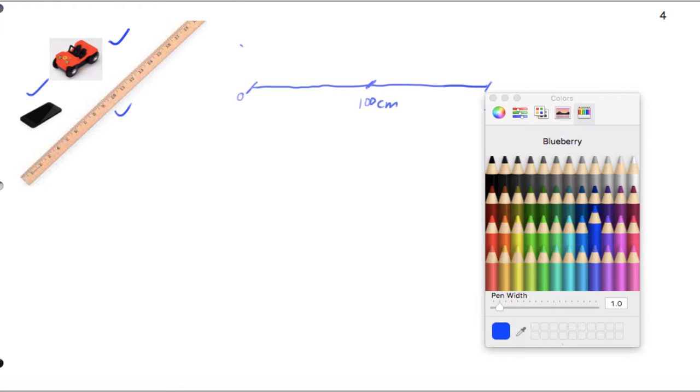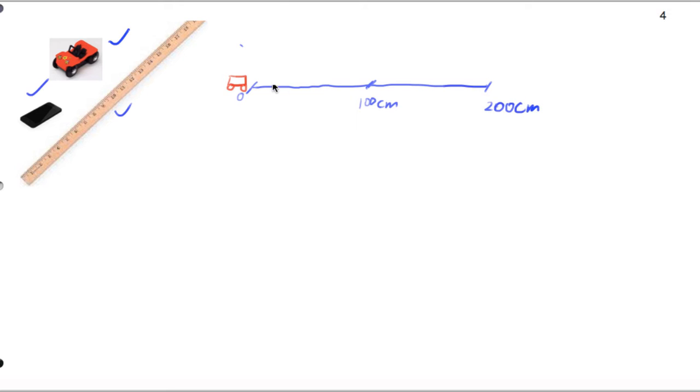We had a little buggy that we'd set up right here at the beginning mark. Our goal was to track the progress of the buggy and record 1, 2, 3, 4, 5 positions and 5 times as the buggy ran. We did 2 things.